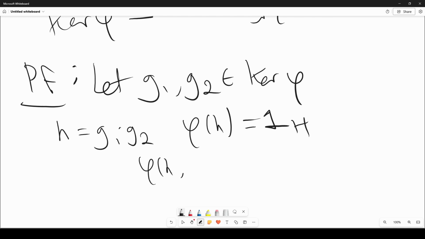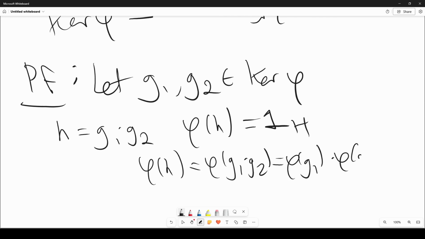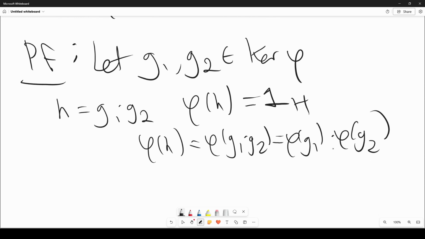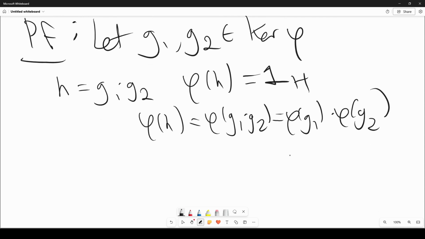Well, phi of h equals phi of g1 times g2. By the homomorphism law, this is phi of g1 times phi of g2. But since g1 and g2 are in the kernel, this is 1H times 1H, because both of them get mapped to the identity, which is just 1H. So thus phi of h is 1H, so h is in the kernel of phi.